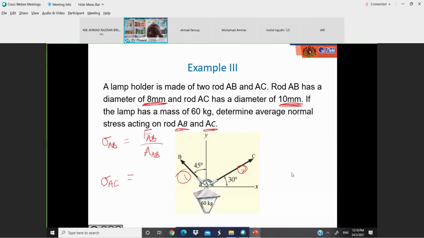Then, sigma AC equals F_AC over A_AC. Now, from this, do we know F_AB? We don't know. F_AC we also don't know.